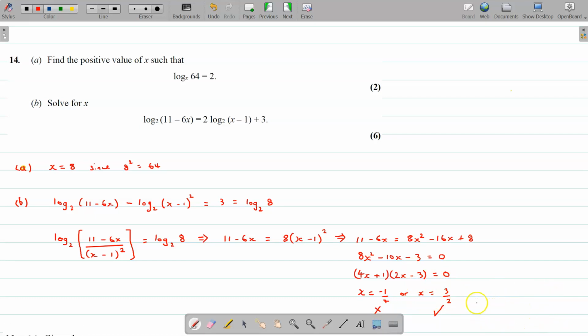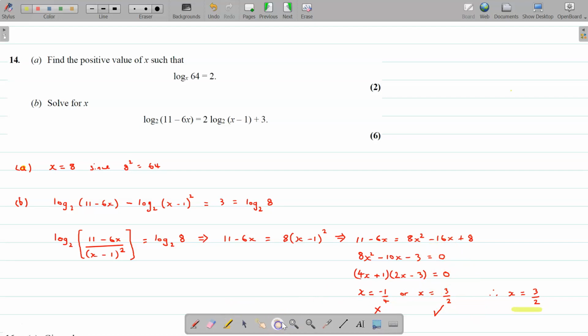I've done the tick and cross idea here, and therefore my conclusion is that x equals 3 over 2. So something to indicate that you've eliminated one of the solutions and are satisfied that there's only one that works.